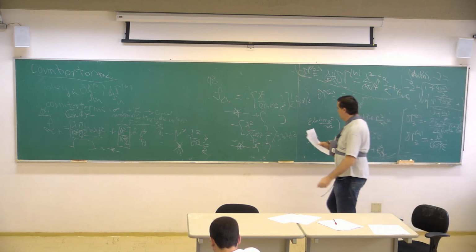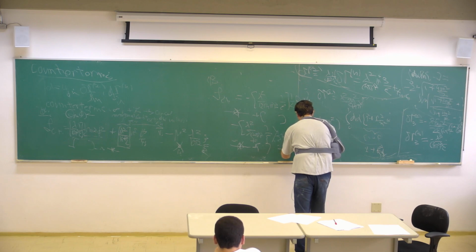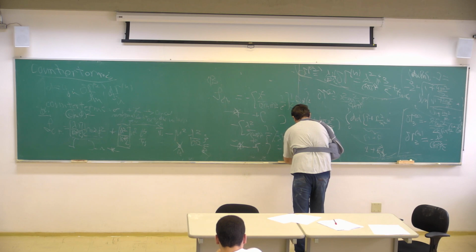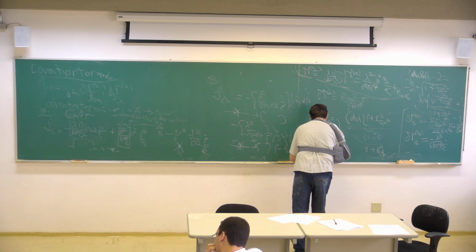And finally, I have minus lambda cubed over (4 pi) cubed, 1 over epsilon, mu epsilon, phi cubed over 3 factorial.